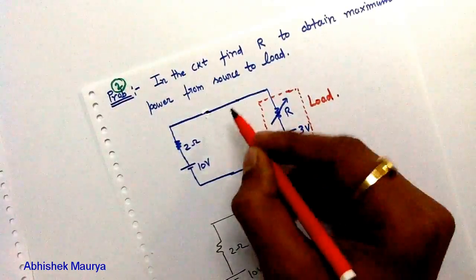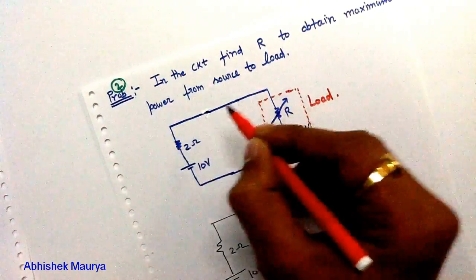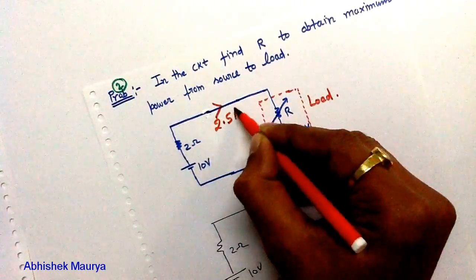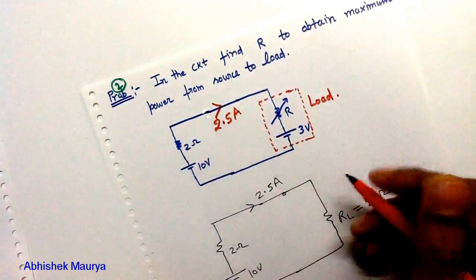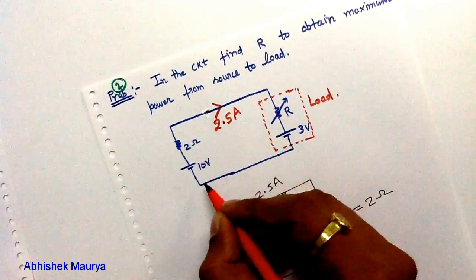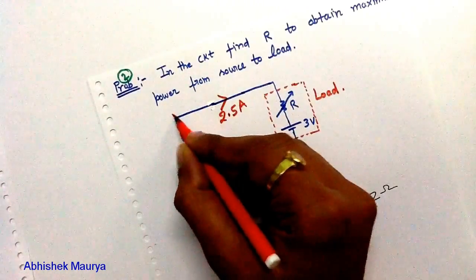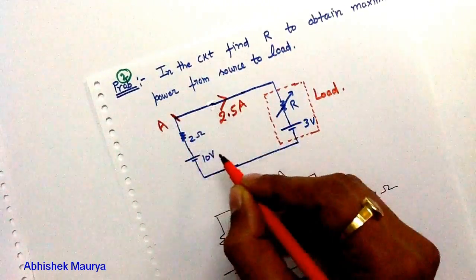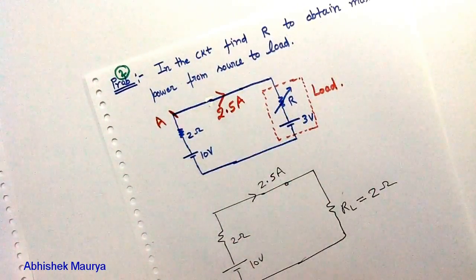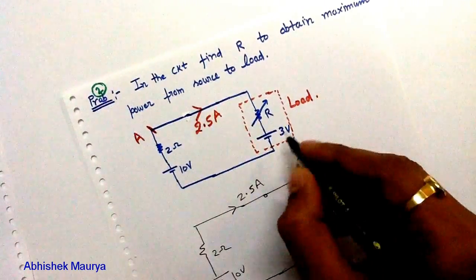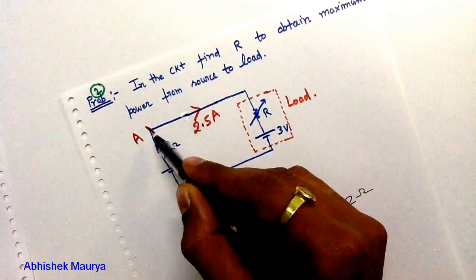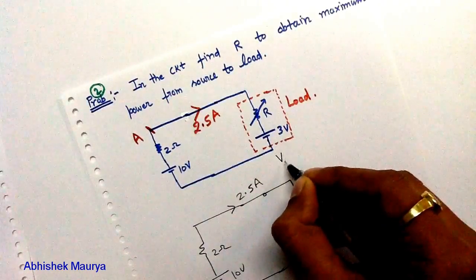For the maximum power transfer from the source to the load, the current which will flow from the source to the load will be 2.5 ampere. Let this point be A. Apply KVL in this loop. I am moving from point A to the point A. Apply KVL.